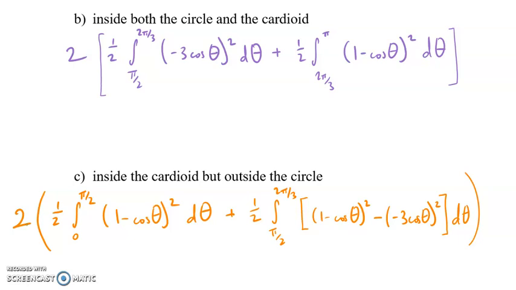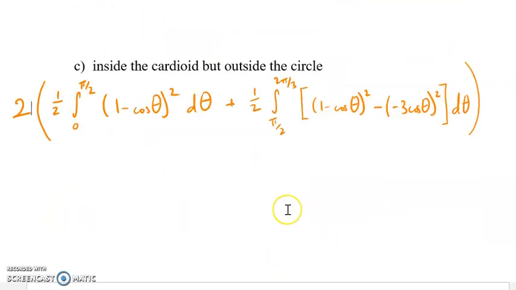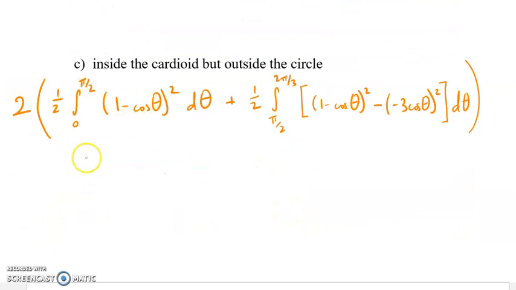Another nice thing you can do, if you felt like it, is you could take this 1 minus cosine squared and make an entire integral that goes from 0 to 2 pi over 3 of just the 1 minus cosine theta squared, and then subtract the integral of the circle going from pi over 2 to 2 pi over 3. That might be computationally a little bit easier to deal with. So I guess I'll write that down. That's alternatively, I'll leave the 2's so I don't do too many things at once.